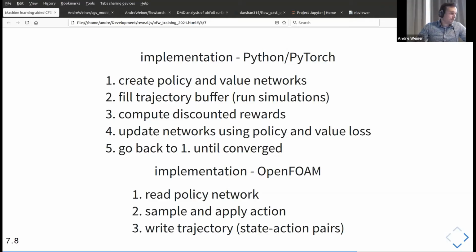There are some works now out on reinforcement learning based flow control. And the most complex problem that I have found so far is a pinball problem. Very similar to what I show you here, but with three cylinders.